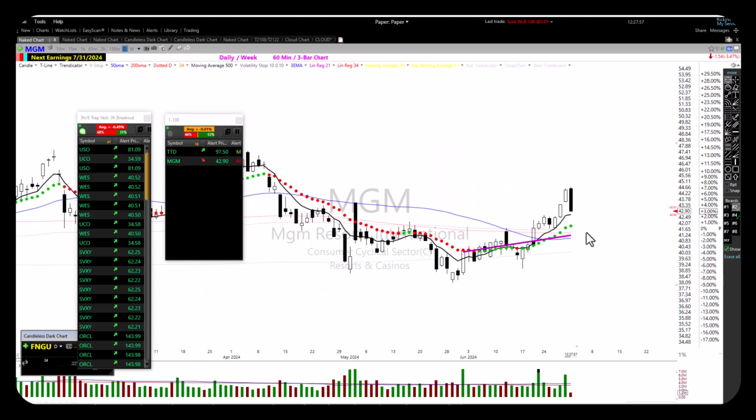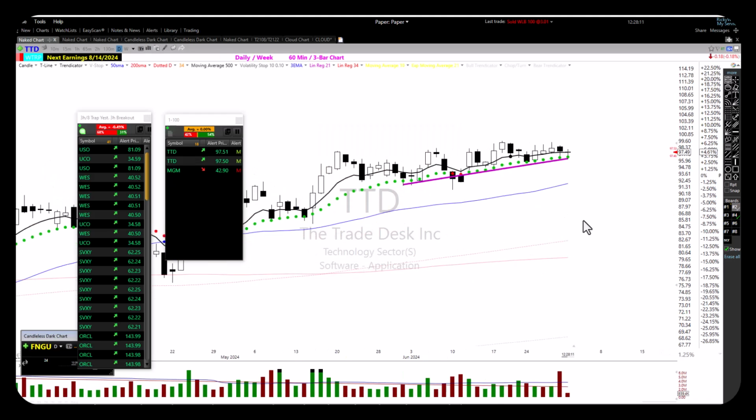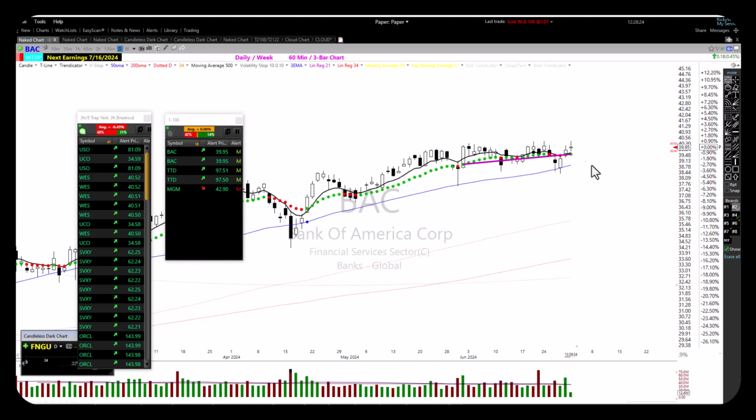So here's MGM setting up. At that price under 100, and here we're rallying and we're pulling back here. TTD, this is one. See how we're in that trend. We're right at that 3/8 trap level there, and we're under $100. Bank of America, see where we're at in that 3/8 trap area, $39, under $100.